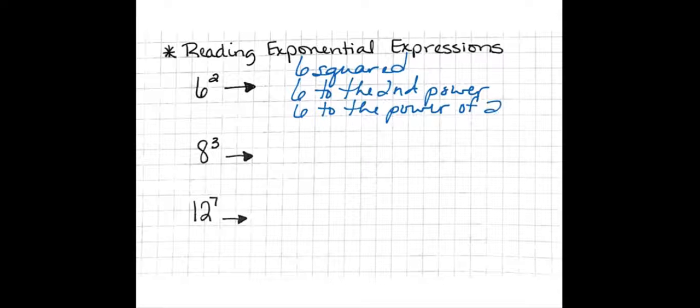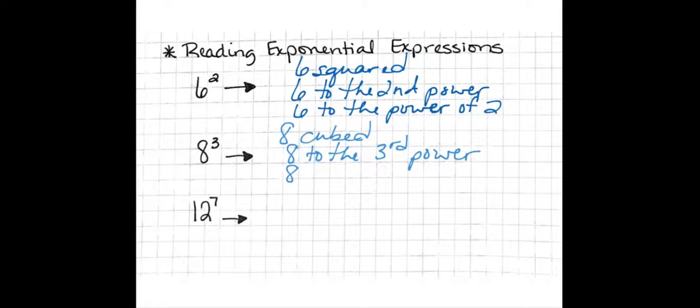If you have an exponent of 3, that can be read as cubed. So this could be read 8 cubed, or it could be read 8 to the third power, or it could be read 8 to the power of 3.